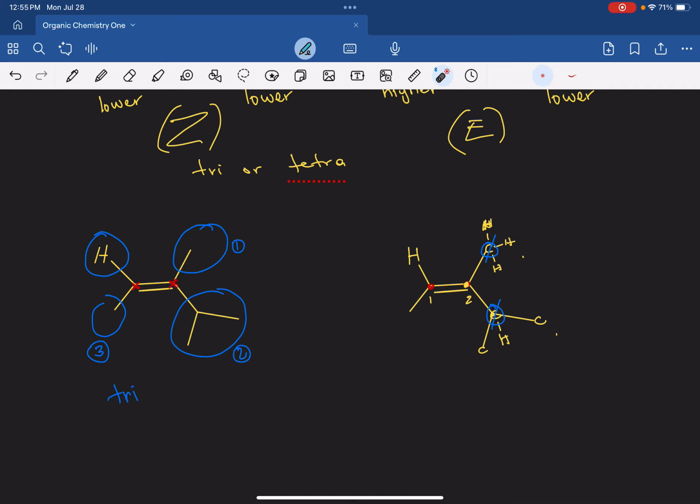So let's move on. Since I can't assign priority based on this carbon or this one, I have to move to what's bonded to the carbon that I crossed out. What's directly bonded? On this one I have hydrogen, hydrogen. All three of these things are directly bonded. Same thing here. This is directly bonded.